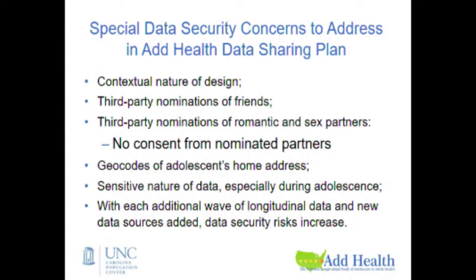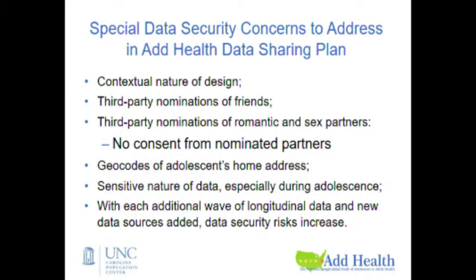So what are some of the special security concerns here? The contextual nature of the design, and I think the next couple slides talk a little bit about that. The third-party nominations, which I just mentioned, getting no consent from nominated partners, especially the romantic and the sexual partners.